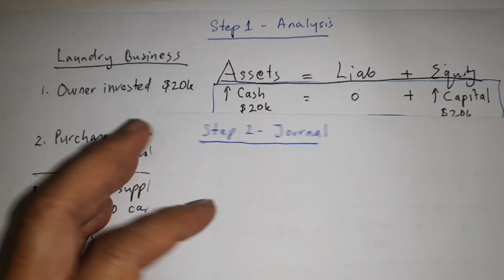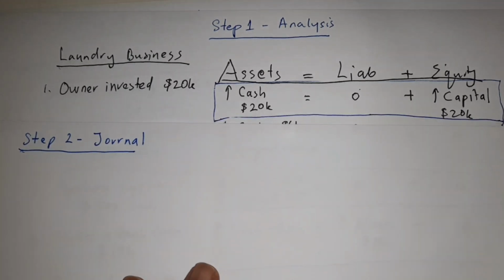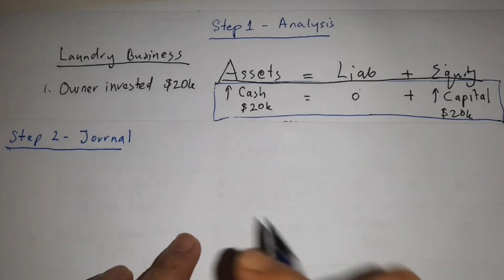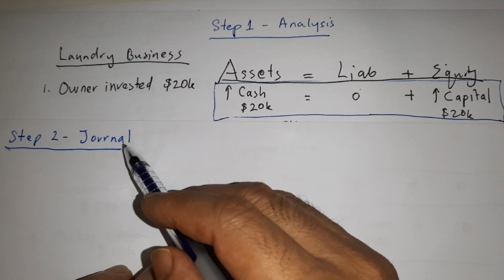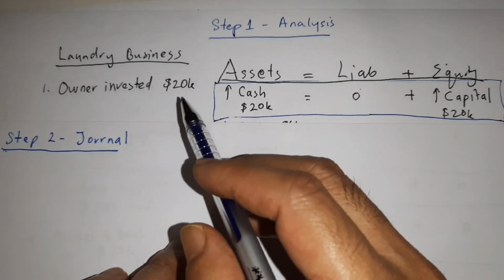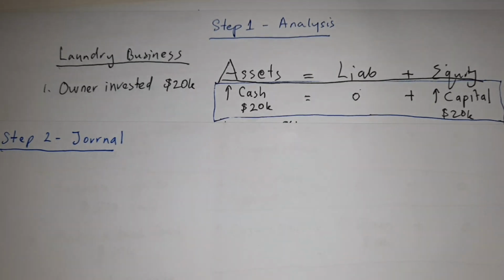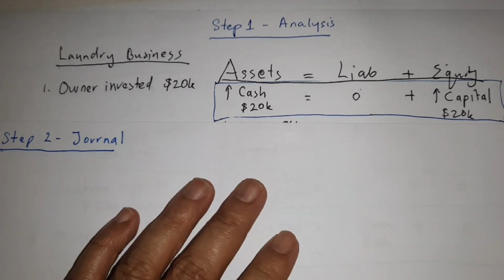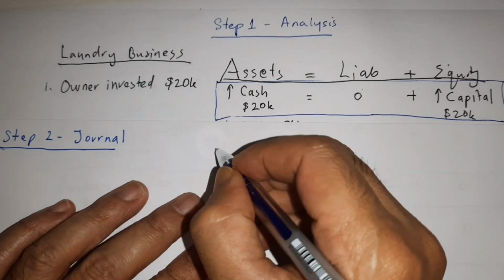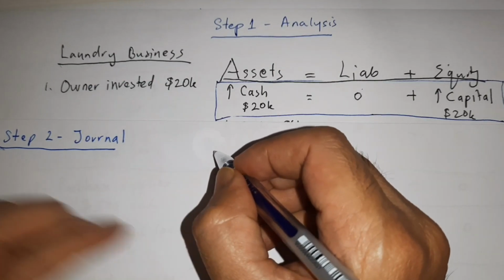Okay, so how to record that? Remember I have told you, when you want to do the journal entry, first you have to know the format of the general journal. The second thing is you have to know the rule of debit and credit. Now the format is like this.